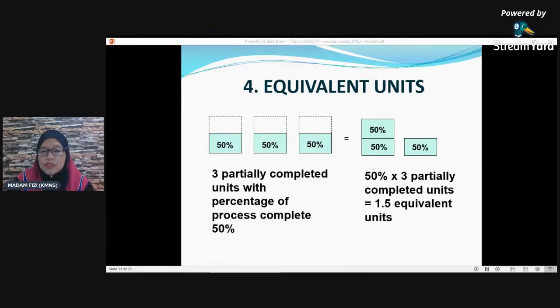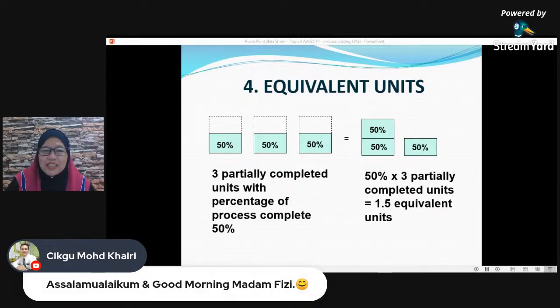Okay, cuba tulis sekejap, faham tak pasal equivalent unit? Jika tak faham, saya akan ulang semula. Okay, cuba tulis dekat chat. Oh, Cikgu Khairi ada lagi. Dia kata Assalamualaikum and good morning Madam Fizi. Waalaikumsalam.